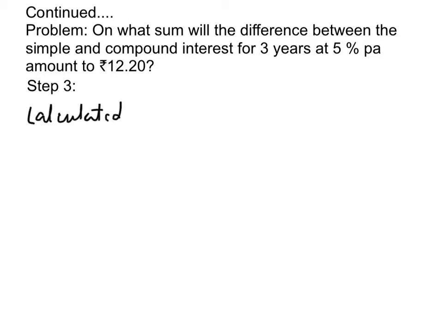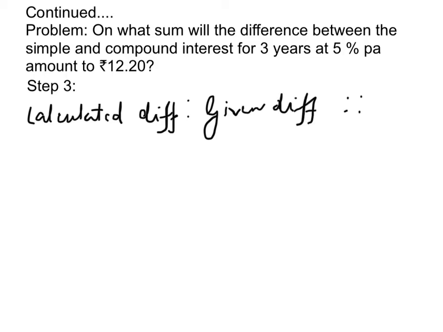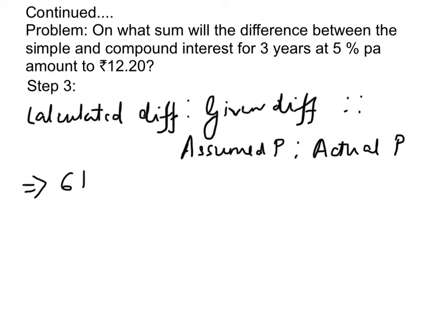Calculated difference is to given difference is equal to assumed principal is to actual principal, and we have to find out the actual principal. So how do we write? Calculated difference we just saw 61 by 8000.